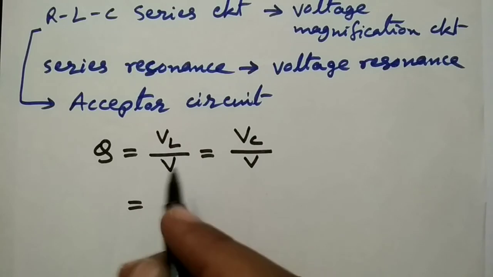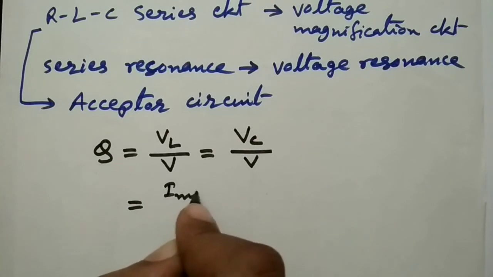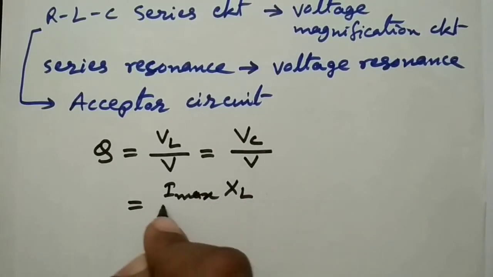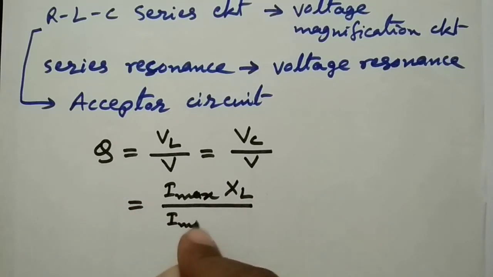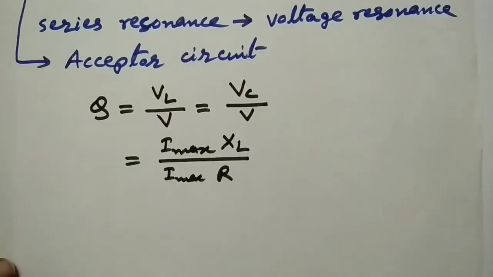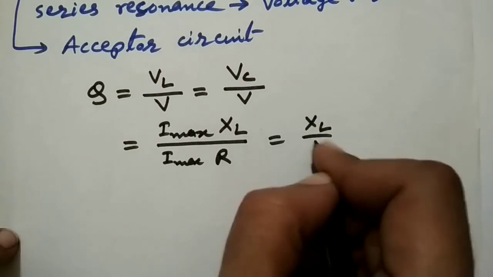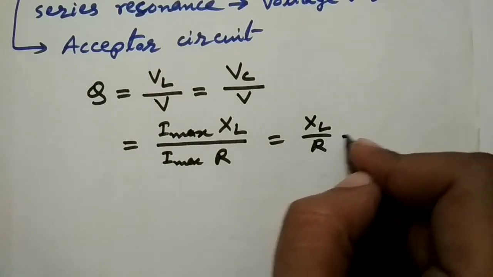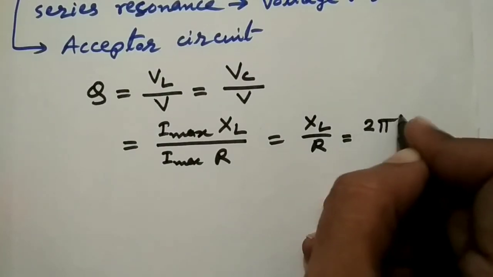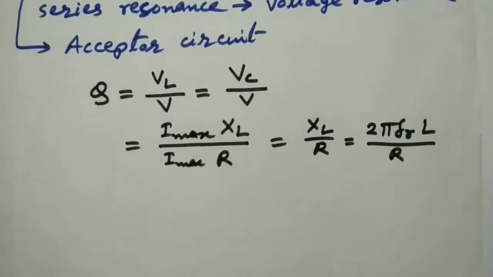As we know, during resonance condition the current is maximum, so VL will be equal to I max into XL, and V will be equal to the voltage drop across the resistance, which is I max into R. So here I max will be cancelled, and it can be written as XL upon R. During resonance condition, XL can be written as 2 pi fr L upon R, because at resonant frequency this will be the value of XL.